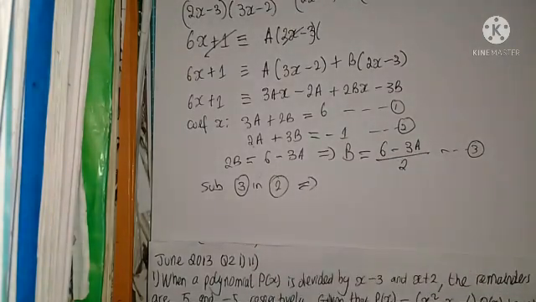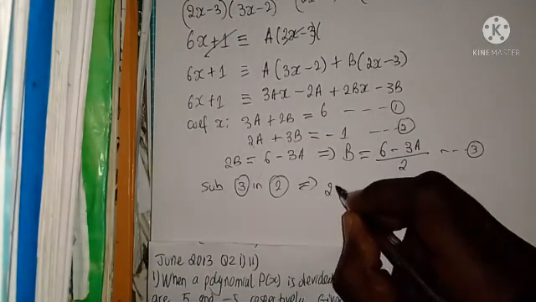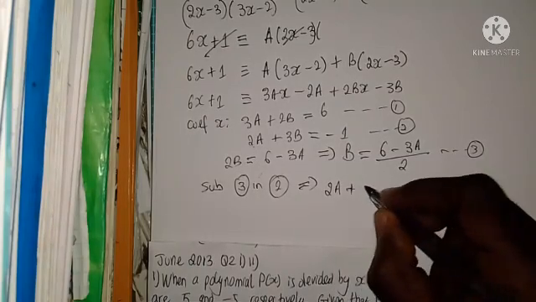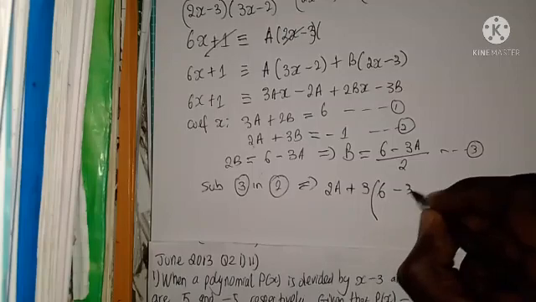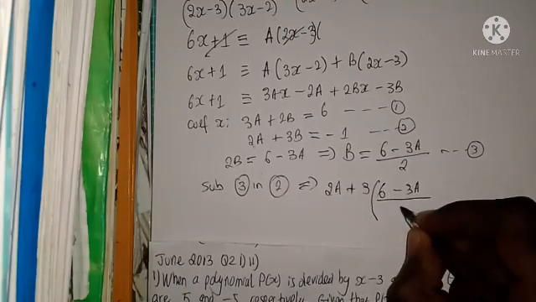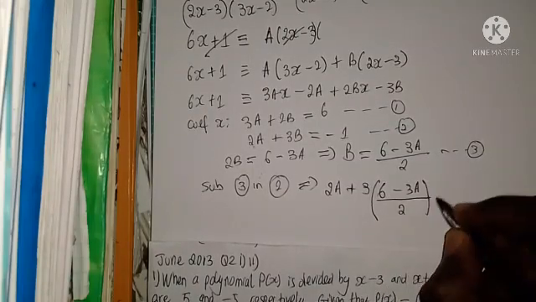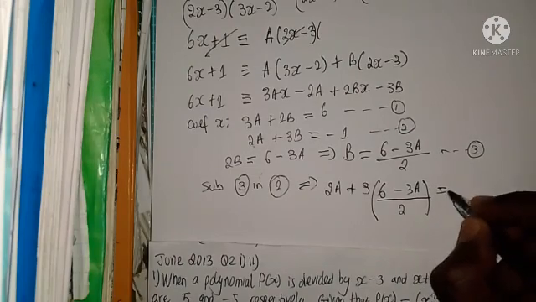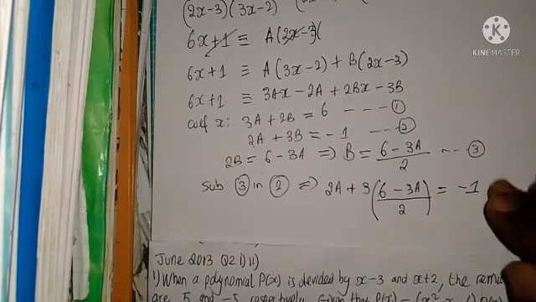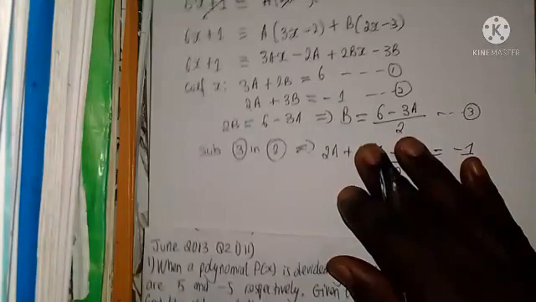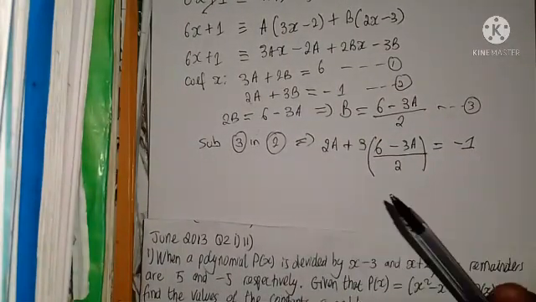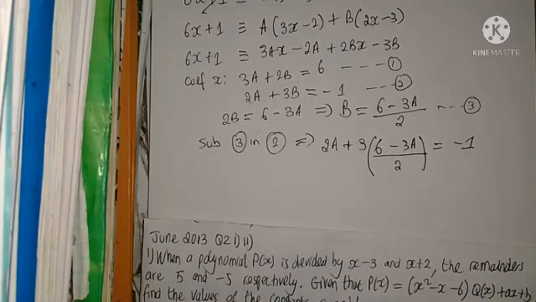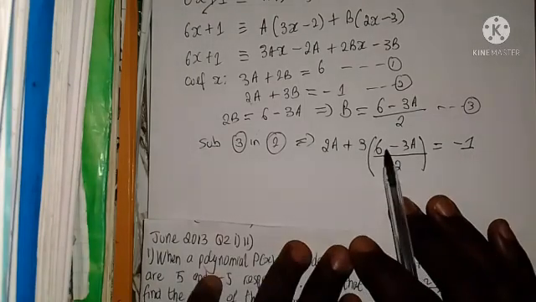This would imply that we're going to have 2a + 3 into (6 - 3a) divided by 2 is equal to negative 1. Okay, so multiply the whole equation by this 2, which is in the denominator, for us to get rid of it.